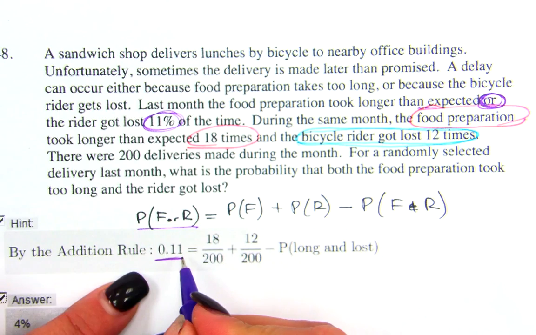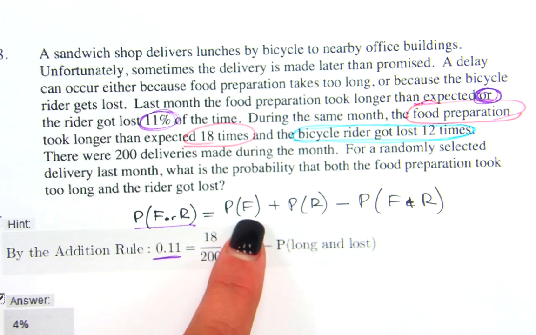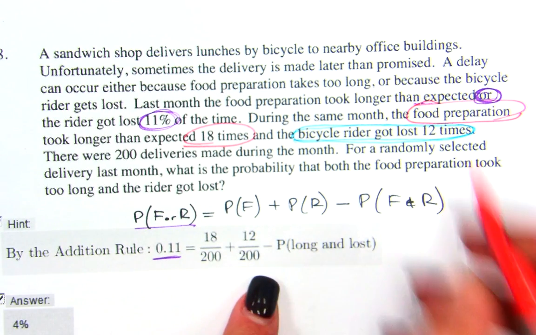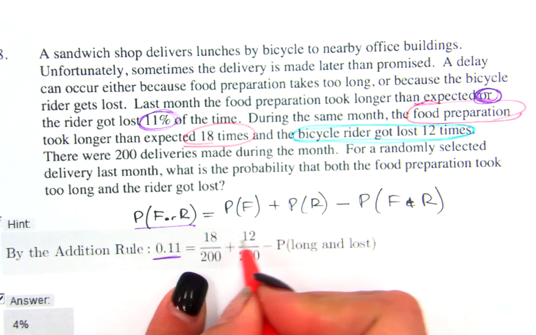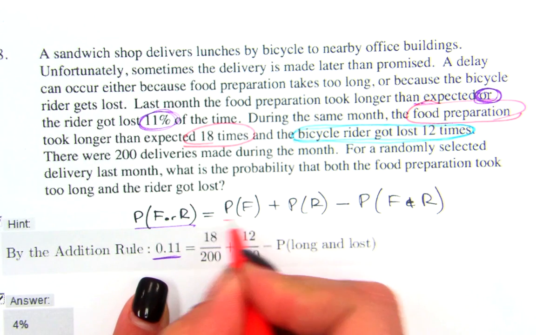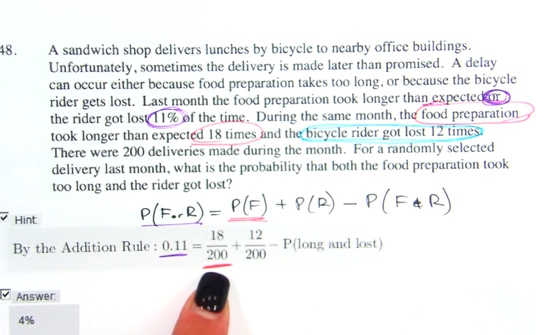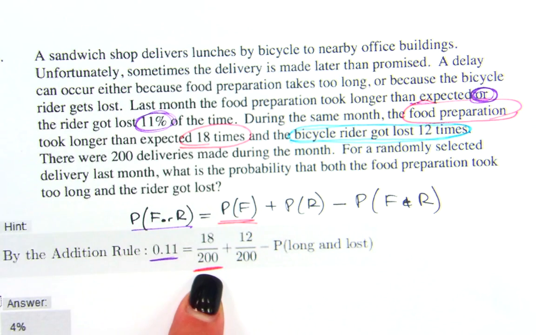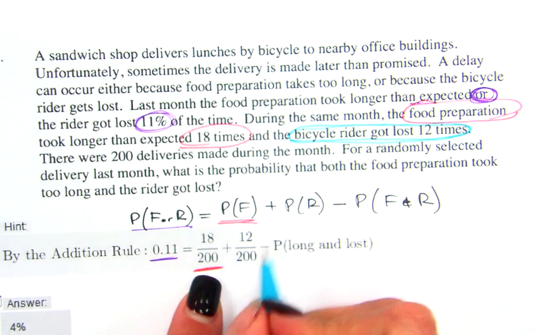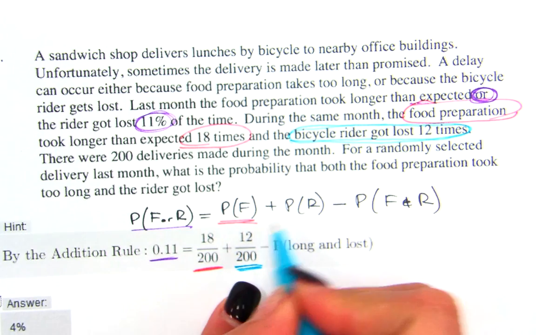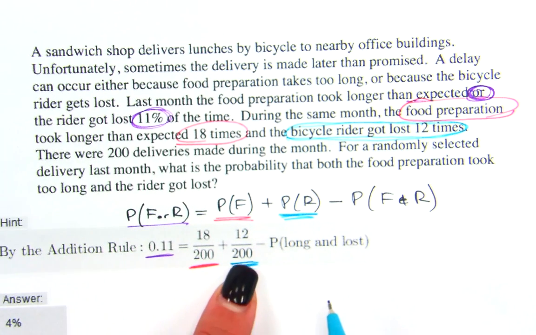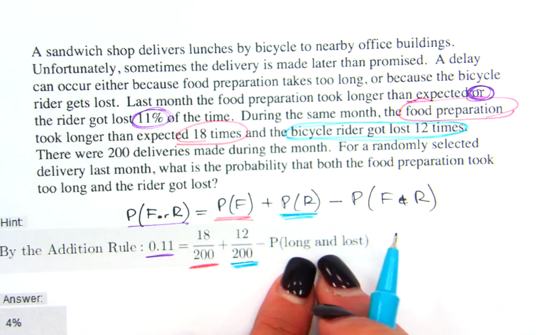Or 0.11. And then the probability of the food taking too long, the food preparation, is actually 18 out of the 200 times. And then the bicycle rider got lost because, you know, he's a new guy. Minus, we want to know what happened.